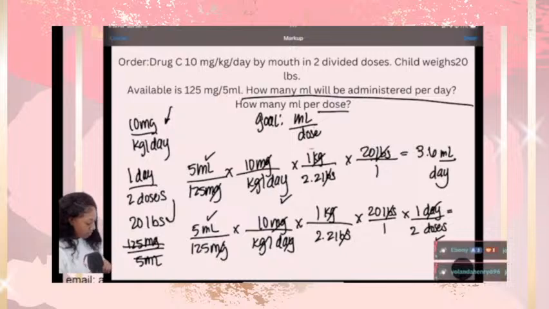So if you did 5 times 10 times 1 times 20 times 1 divided by 125 divided by 1 divided by 2.2 and divided by 2 equals 1.81, which is 1.8, and that's half of 3.6. Sorry, 1.8 mLs per dose.